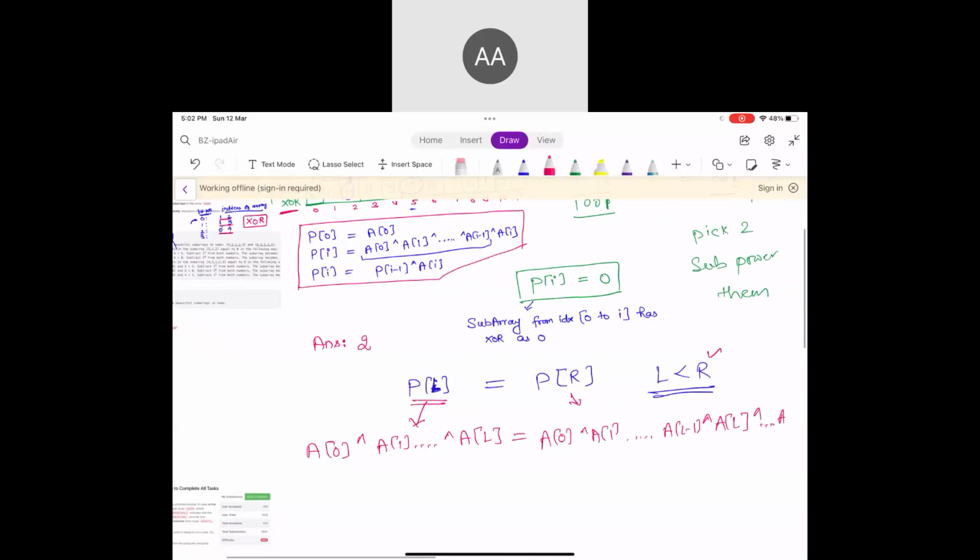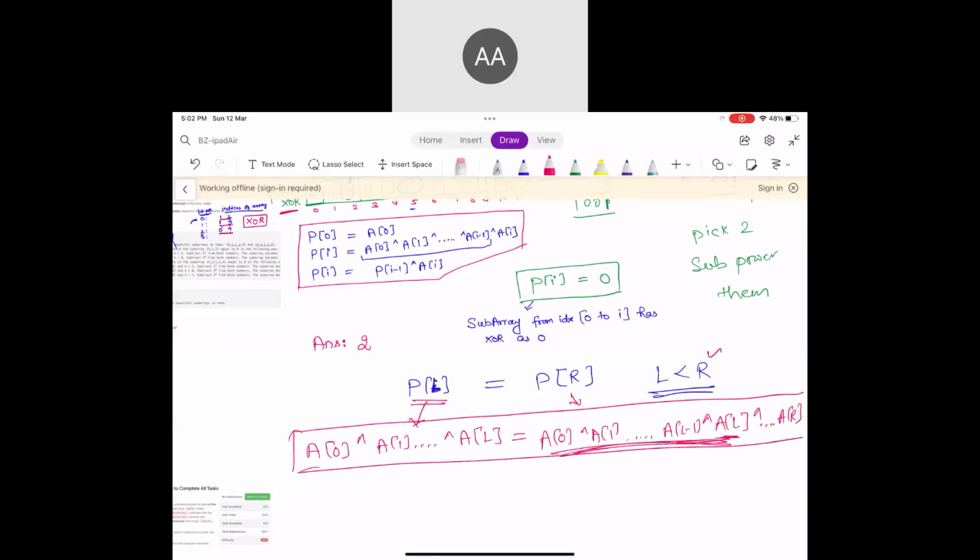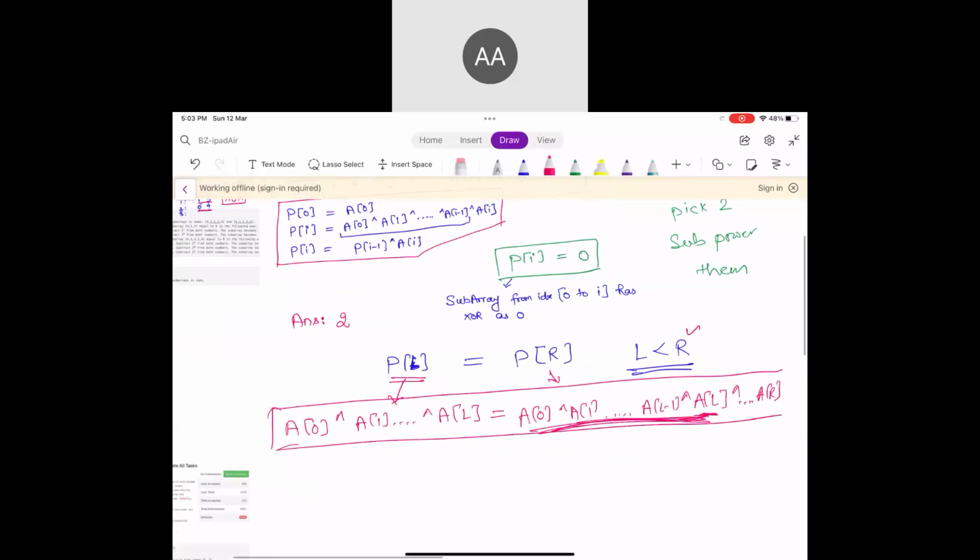Are we clear with this part? If R is greater than L, somewhere up to L will be part of it. Is this making sense? Let me make this L and this L plus 1.